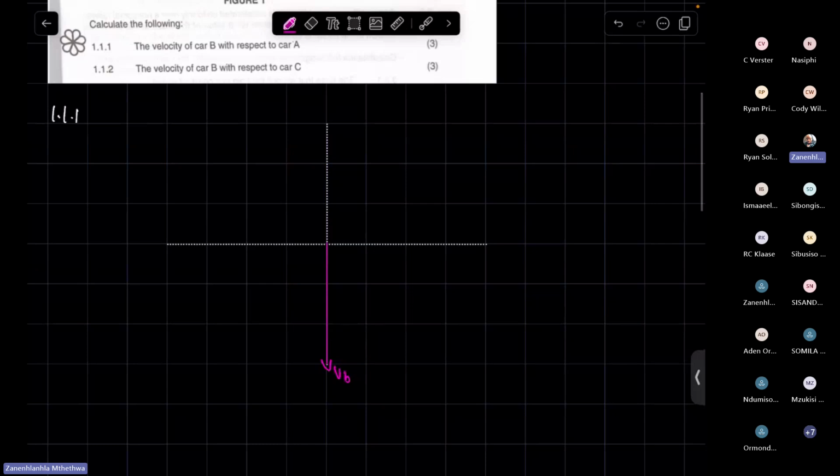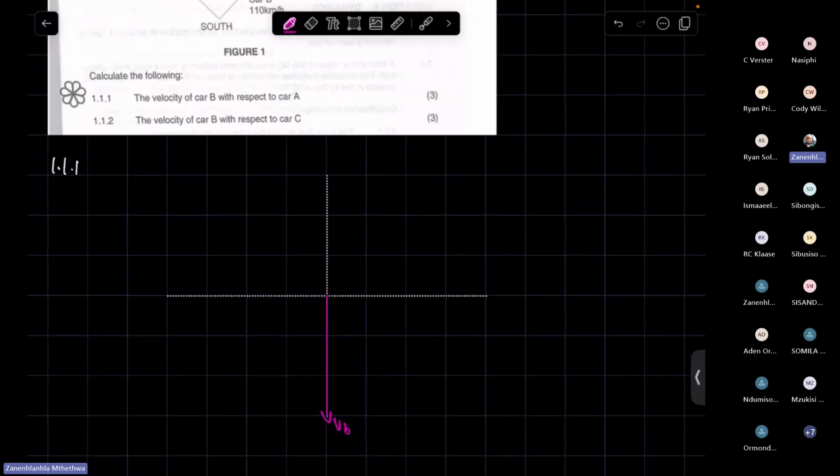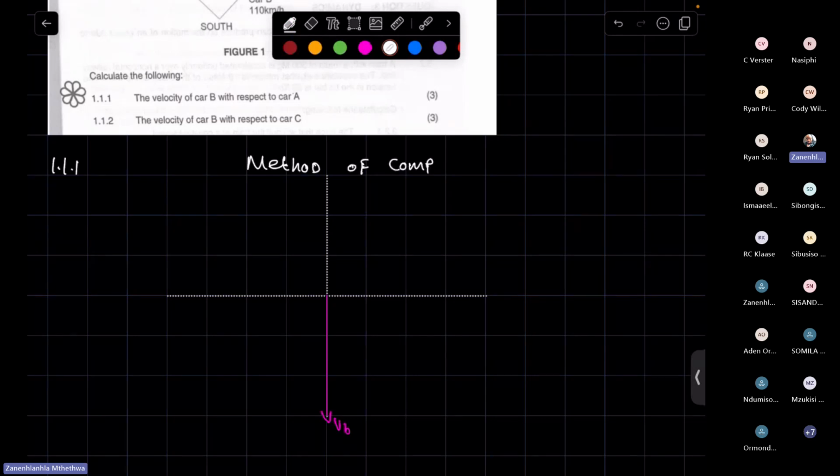Now, because we are using the method of components, we are going to express our vectors based on the direction they are taking, or based on which between the x and y axis it is aligning with, right?